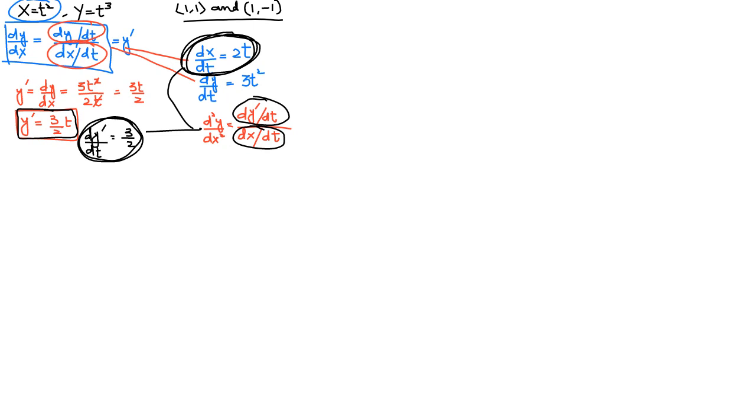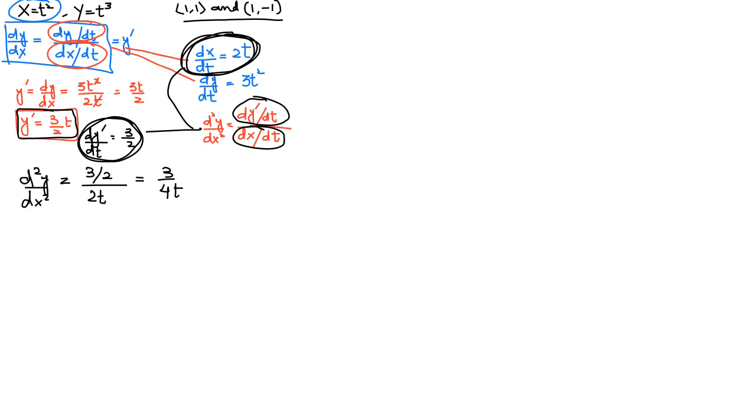What do we get? d square y over dx square is equal to 3 divided by 2 divided by 2t. If I simplify this, I will get 3 divided by 4t.